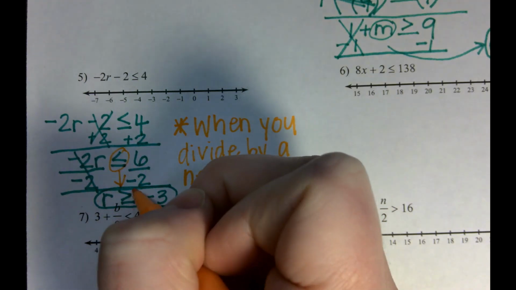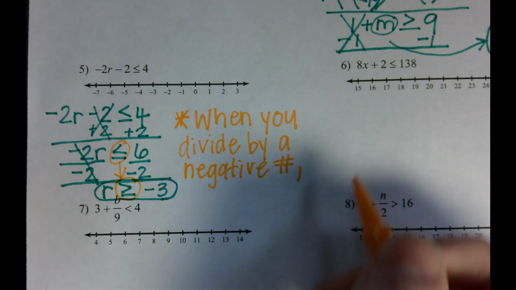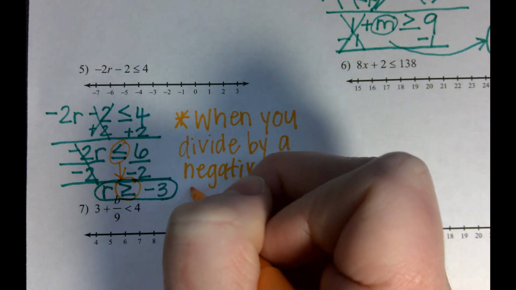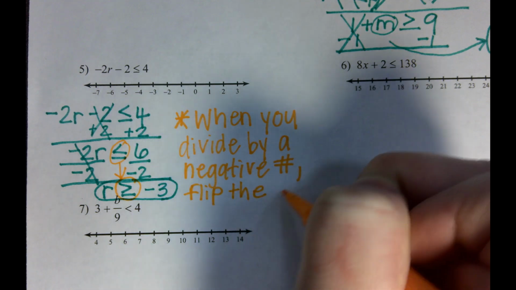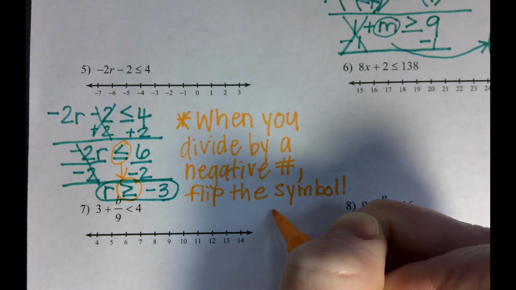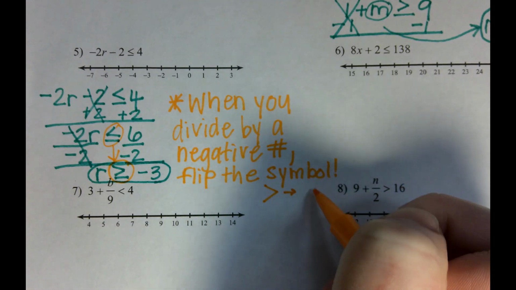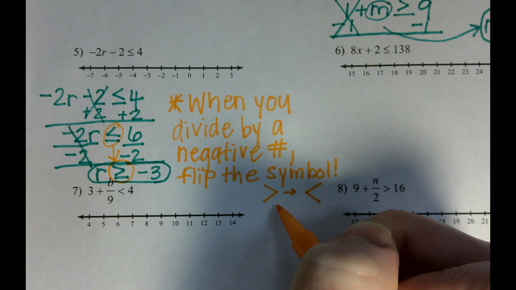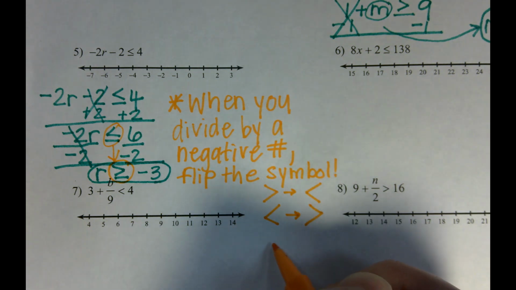Show that here as well, like that. When you divide by a negative number, flip the symbol. So if it's greater than, it becomes less than. If it's less than, it becomes greater than.